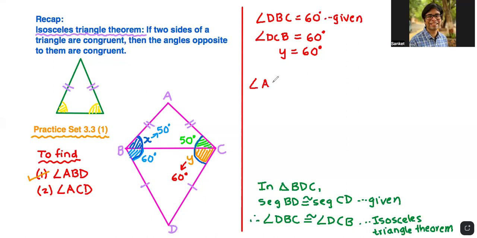So angle ACD is equal to angle ACB plus angle DCB. I write angle addition property.